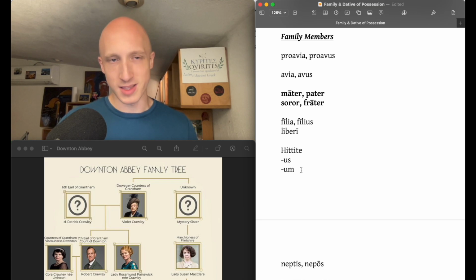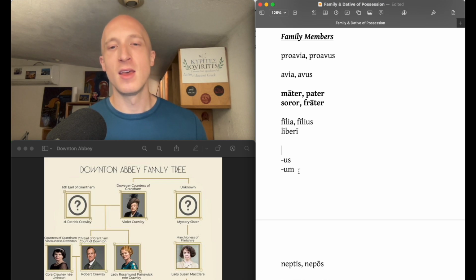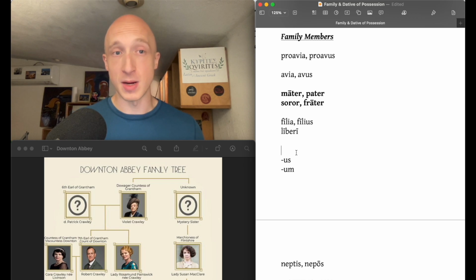and then something like the again, this is not actually Hittite. Sorry, it's probably bad to put that there because it seems confusing. These are just sort of my Latin way of understanding how this apparently works.